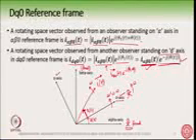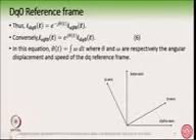Then I can transfer this same reference vector from one reference frame to the other. For example, I dq0 t is e to the power minus j theta t times I alpha beta, and conversely I alpha beta 0 is e to the power j theta times I dq0.